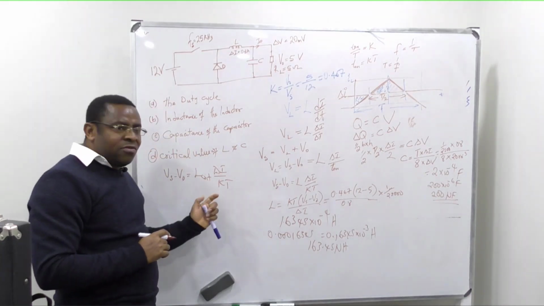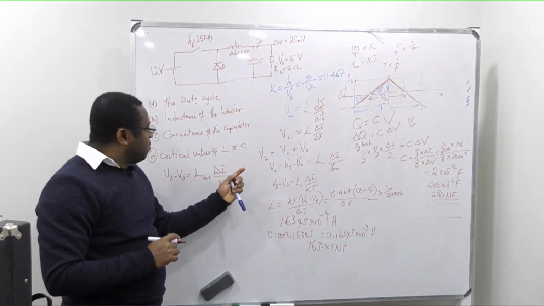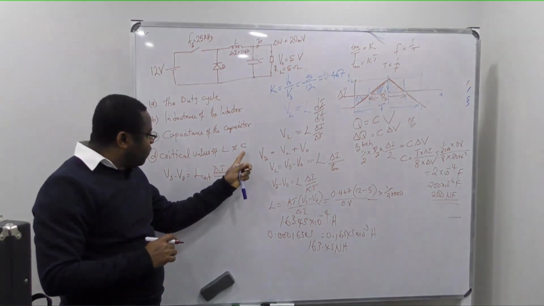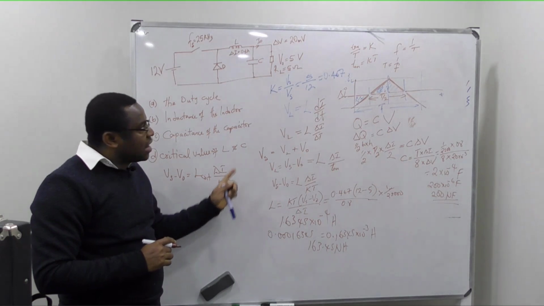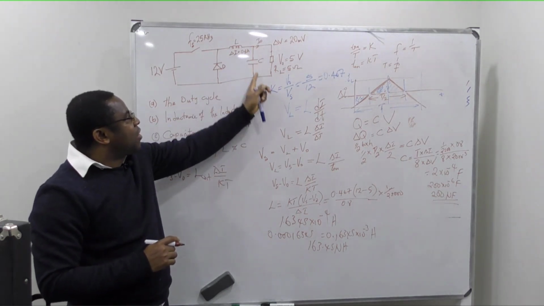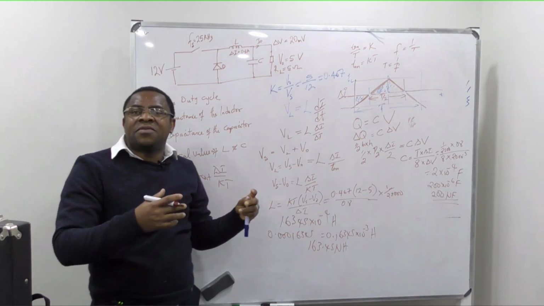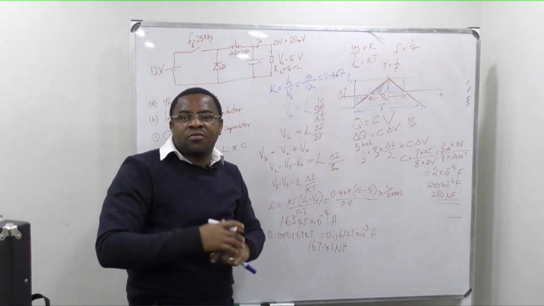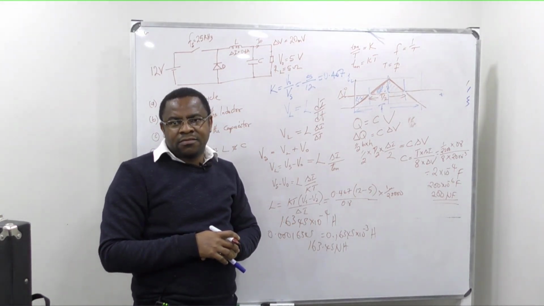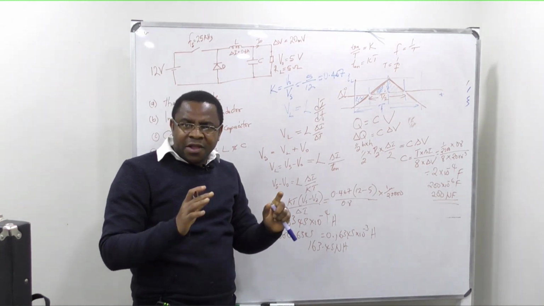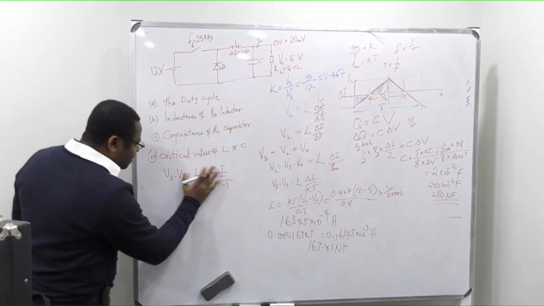And if you want to get the critical value for the capacitor also, the voltage across here, delta V, will also be twice the output voltage. Did you get that?